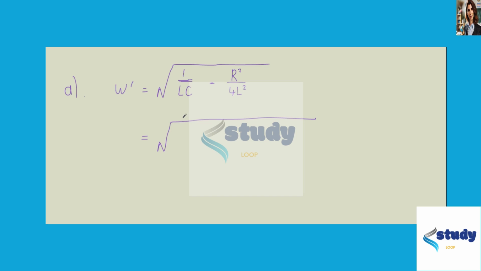So we substitute them in, and this is the square root of 1 over, and L is given as 22 times 10 to the minus 3 henries, so we suppress the units here, multiplied by the capacitance of 15 times 10 to the minus 9, and that's farads, minus R squared over 4L squared, and the resistance is given as 75 ohms, and that's squared, divided by 4, into the inductance again is 22 times 10 to the minus 3 henries squared.